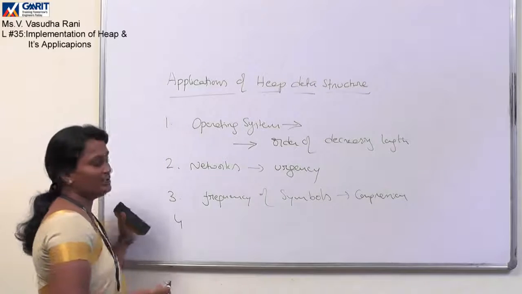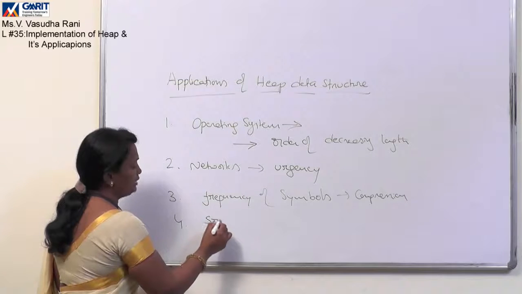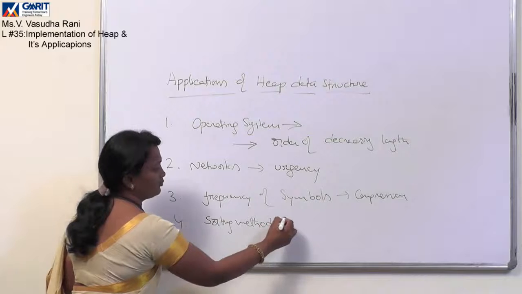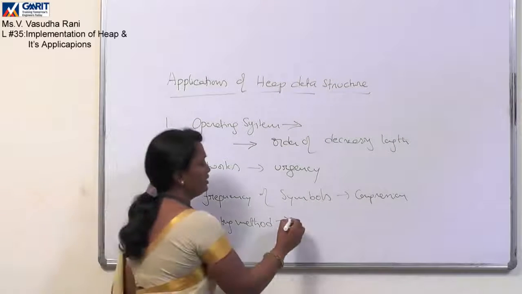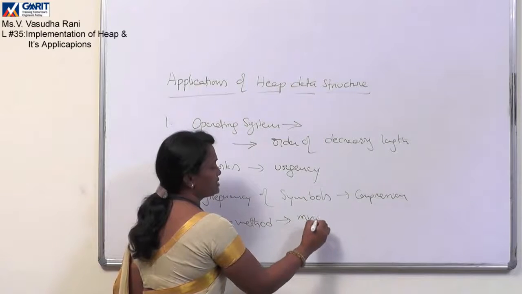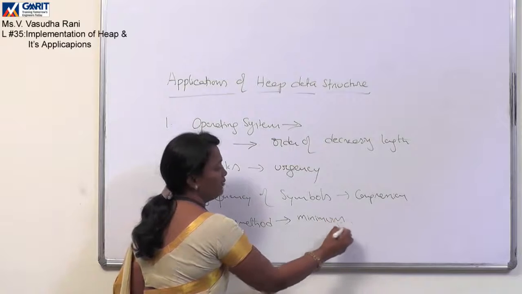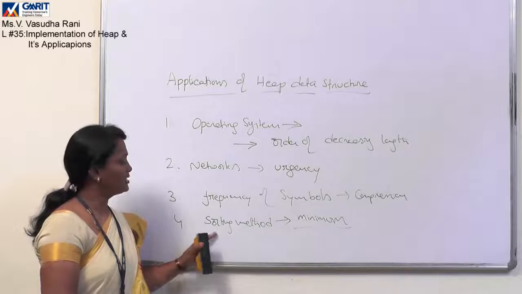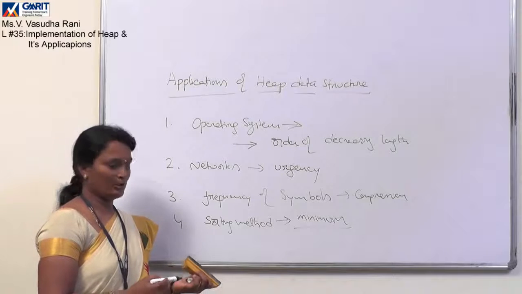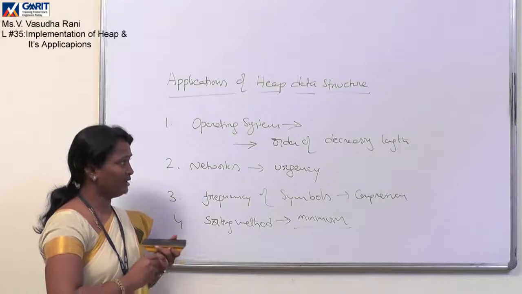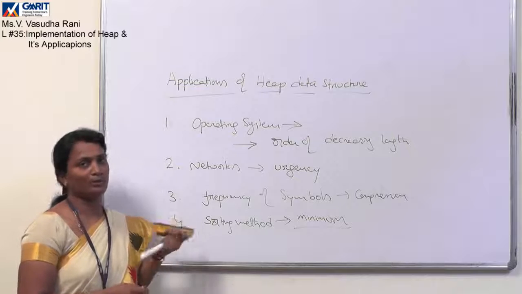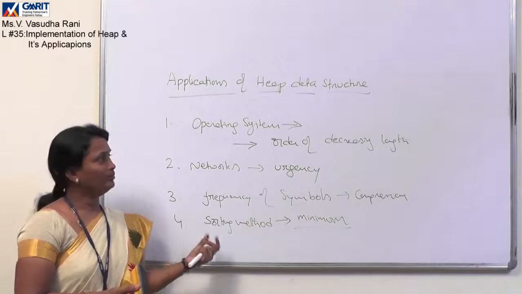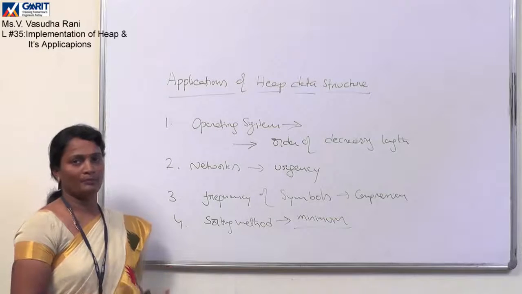And finally, in the simple sorting method, each time the process happens in such a way, finding the minimum and putting it in the sorted list. This will be the fourth application. So like this we can observe there are so many areas in computer science where this heap data structure is playing a crucial role. Thank you.